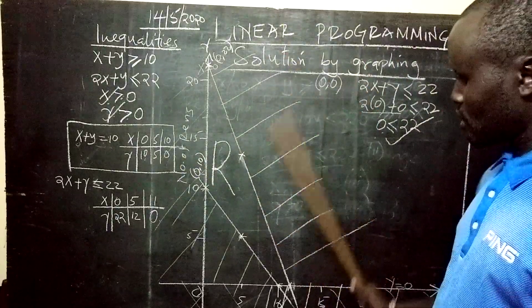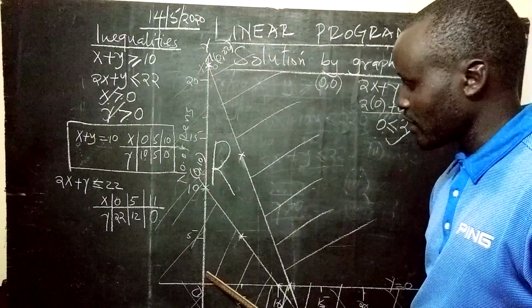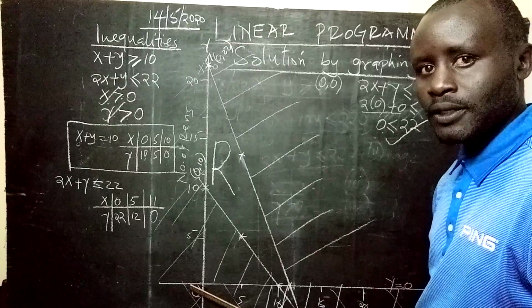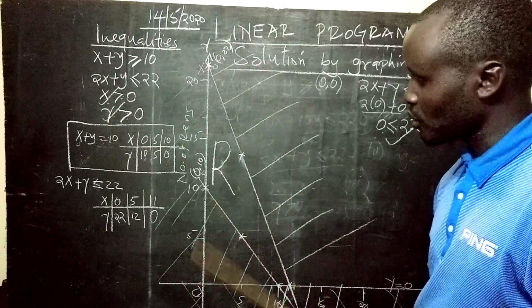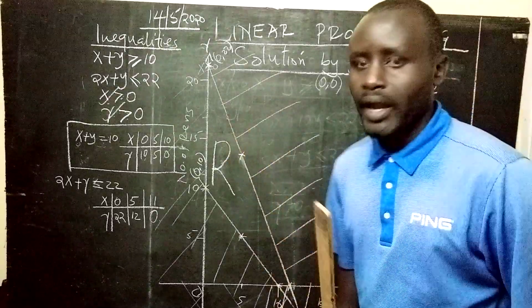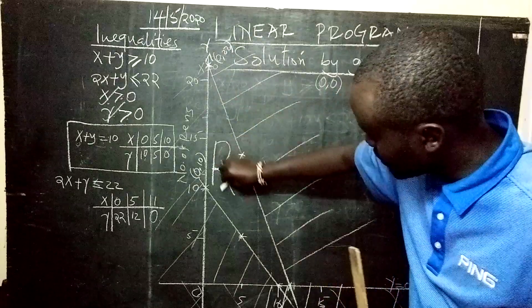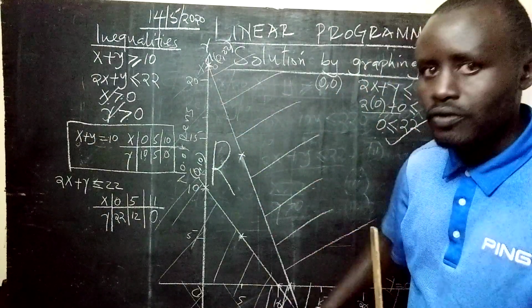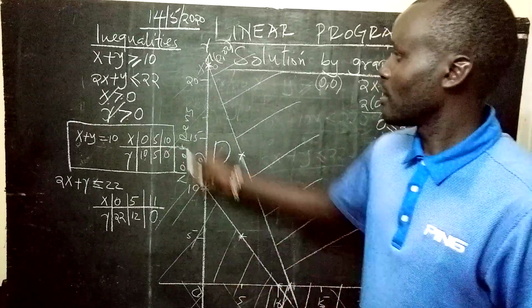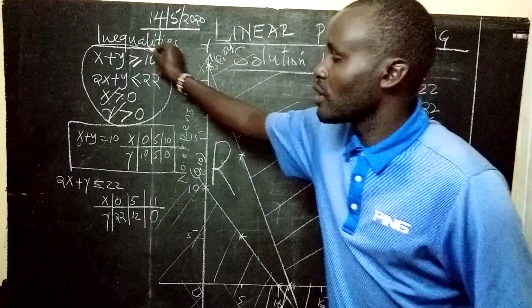Then we use our reference point, the origin, to identify, is it this region or this region which is wanted. Then we shade the unwanted regions to acquire our region. Now, the points which are along this region, all of them satisfy all this information. We have it here.